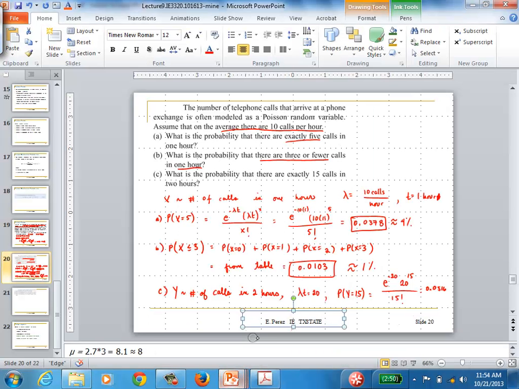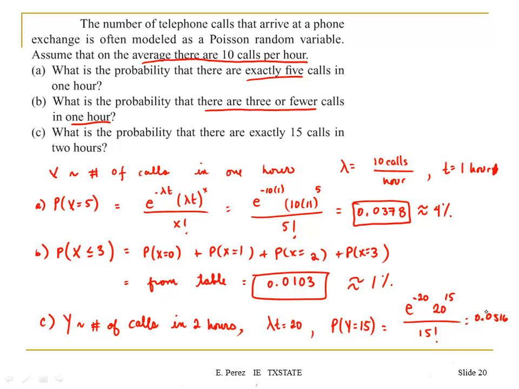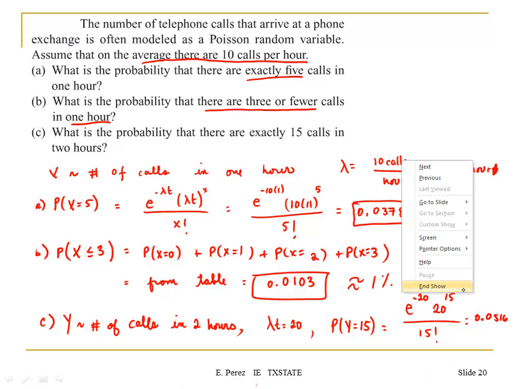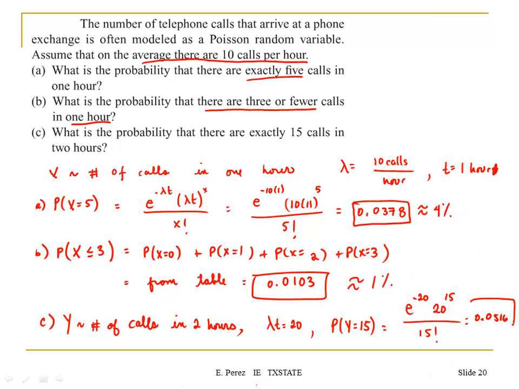So in that case, we're going to have to compute the probability. But again, I'm going to make sure that for the purpose of the exam, you're going to have the numbers in the table. So that probability is going to be 0.0516. Any questions?